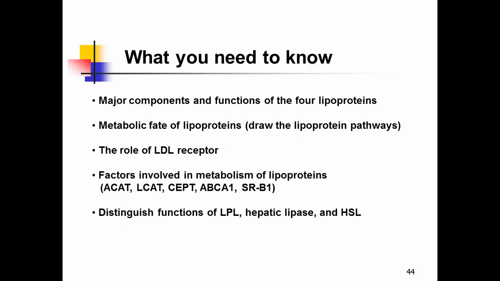A lot of triglyceride in the chylomicron is released and picked up by the adipose tissue and stored in the form of triglyceride in the adipose tissue. So the chylomicron level is increased during the fed condition, right? Because it's needed to transport the triglyceride to the adipose tissue for storage.